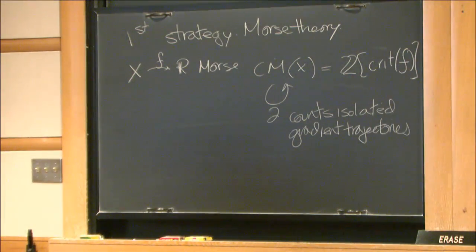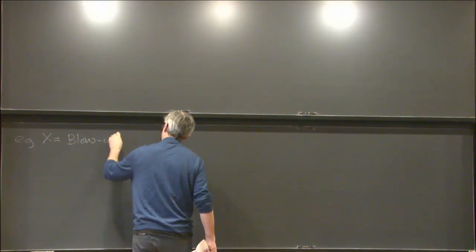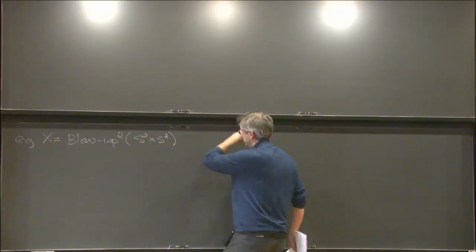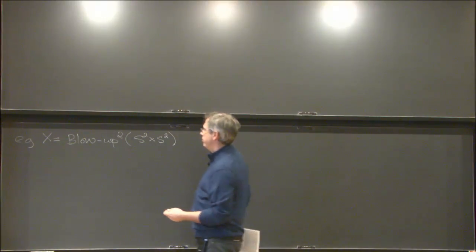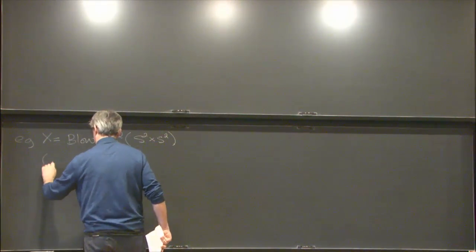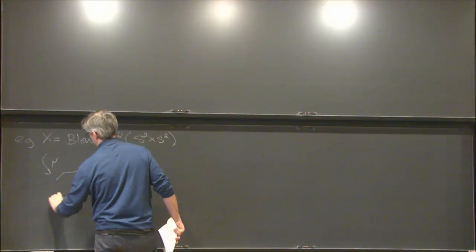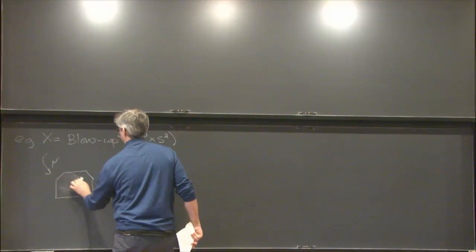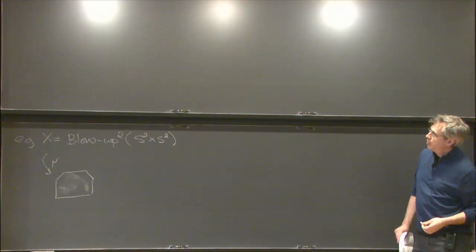For example, let's take something like the blow-up squared of S2 times S2. So this is a toric variety, and it maps to, say, this hexagon under the moment map.